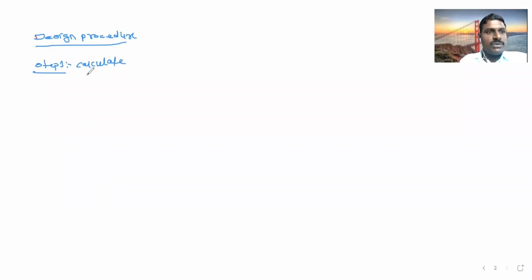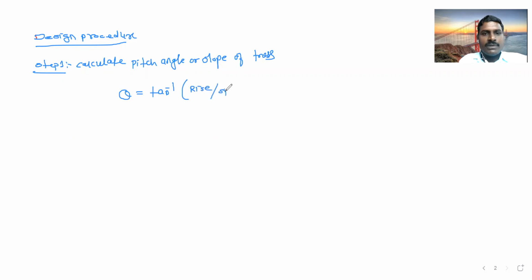So we will see the procedure first, and then we will solve one example. So step 1, calculate the pitch angle or slope of truss. Similar to before, we have calculated theta is equal to tan inverse of rise upon span by 2. So in this way, we have to calculate.